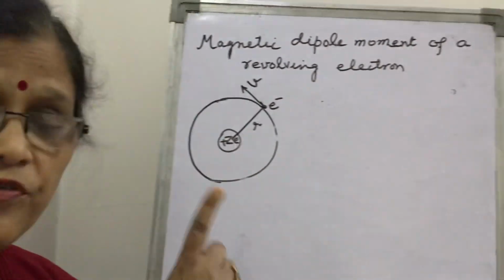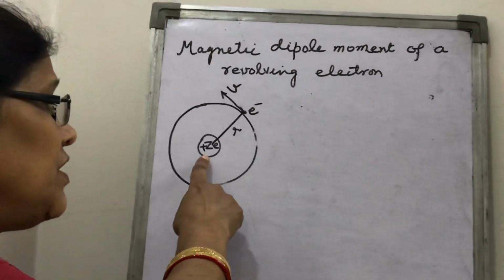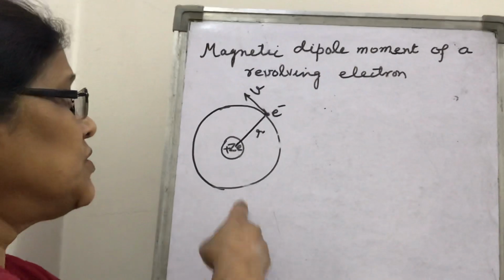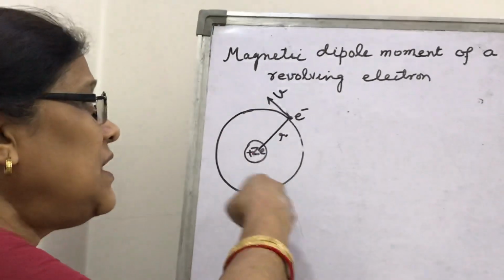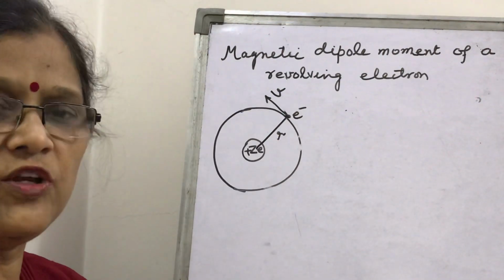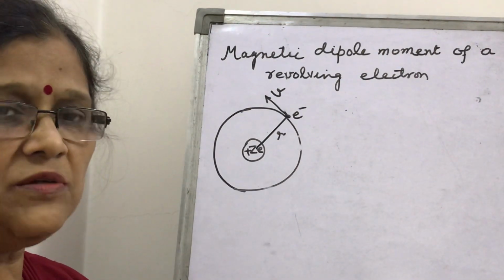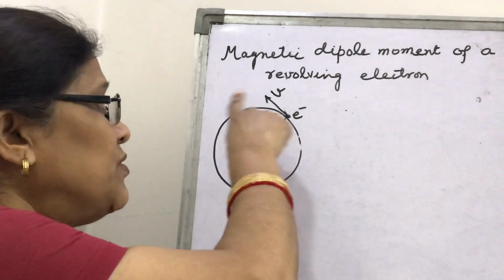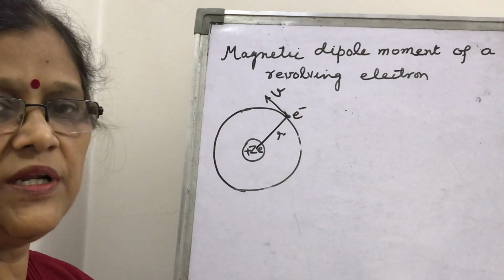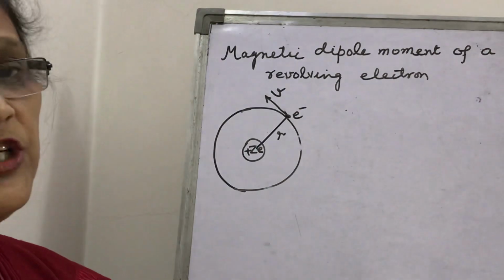Look, there is an electron. It is in uniform circular motion around the nucleus of charge plus Z. Z is the atomic number. So, if this is the electron revolving in the radius r with the velocity v around the nucleus, what can you say? That in the direction opposite to that, in that circular path, current is constituted. How much current is constituted?